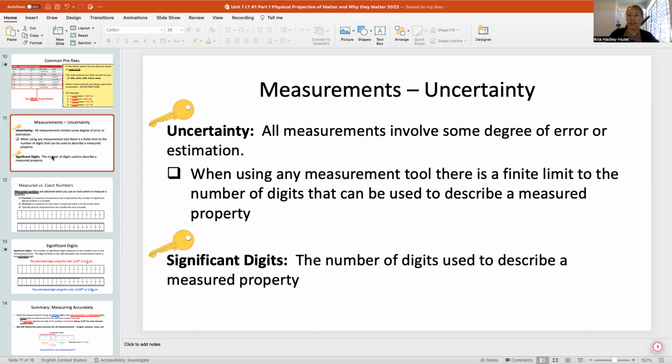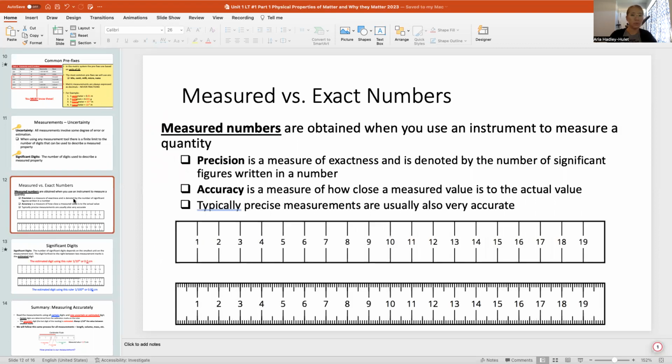It tells us, without looking at the tool that a chemist was using, if I look at their data and I look at the numbers that they have written down, those numbers tell me how precise their instrument was that they were using. So if we have 2 rulers here, the top ruler is less precise than the bottom ruler.